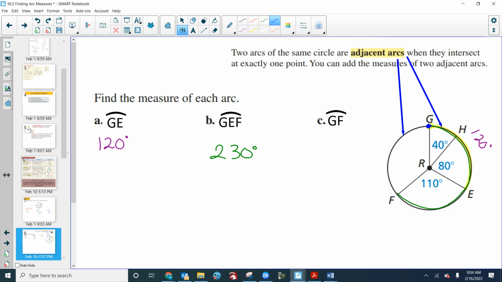All right, GF. Clockwise, counterclockwise. Counterclockwise, good. What do you think GF is? 130. Isn't it everything that wasn't the 230? Right, 230 was from G all the way to F. And this is the rest of the circle. So 360 minus 230 is 130. Make sense?